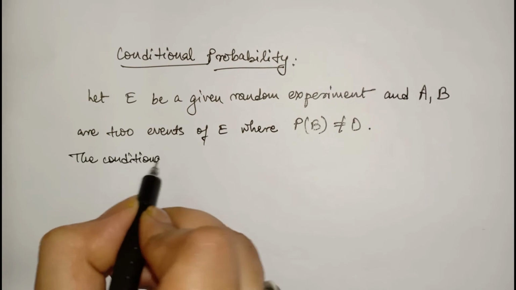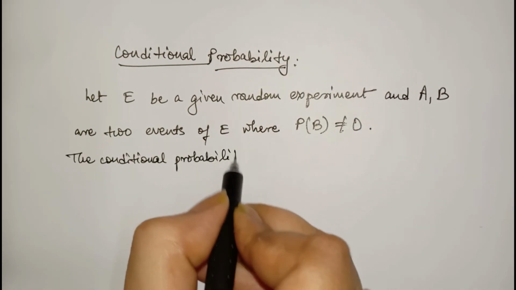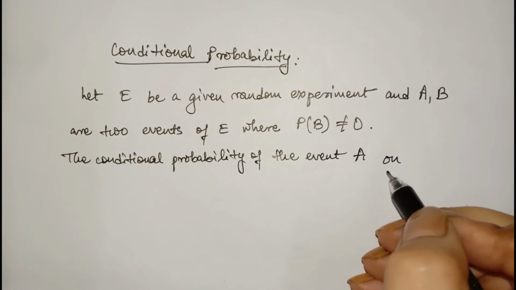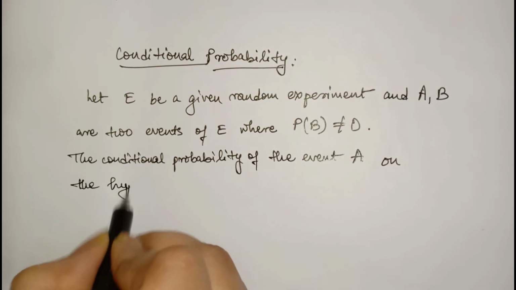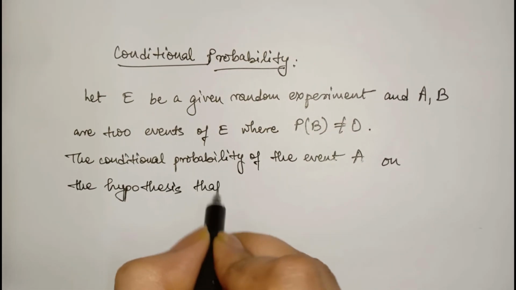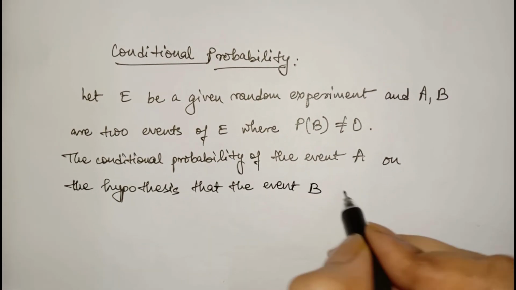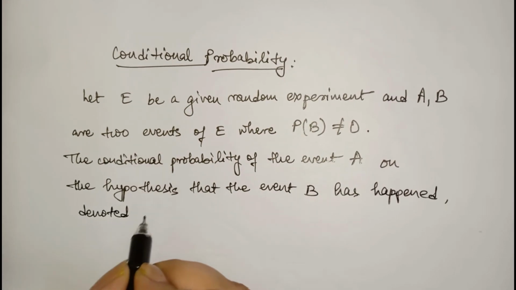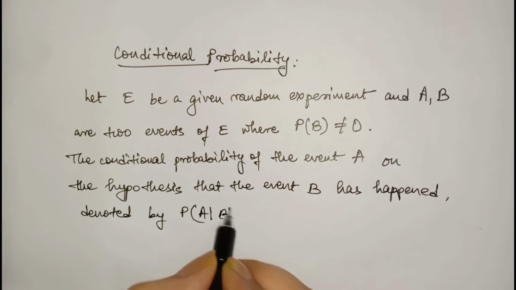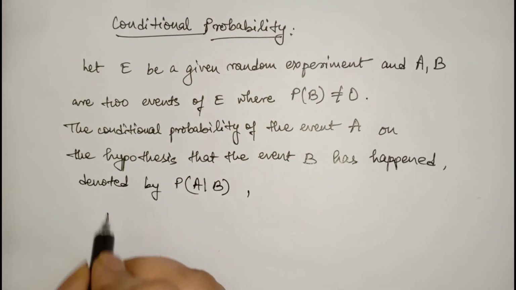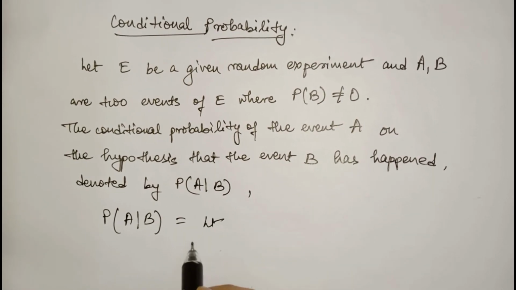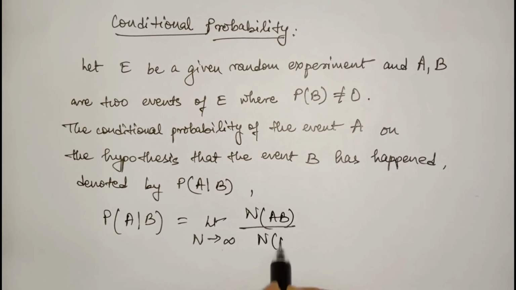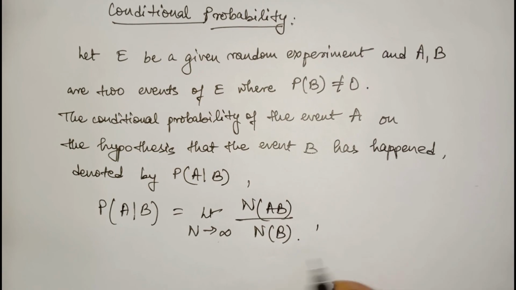So the conditional probability of the event A on the hypothesis that the event B has happened can be denoted by this, and this is defined by limit capital N tends to infinity of NAB by NB, assuming that this limit exists.